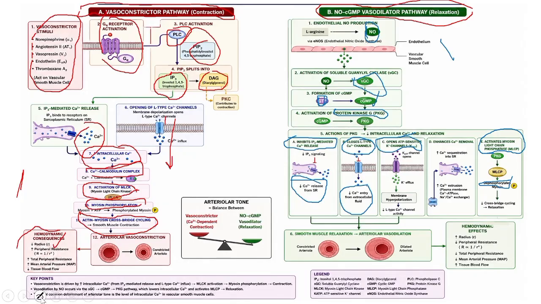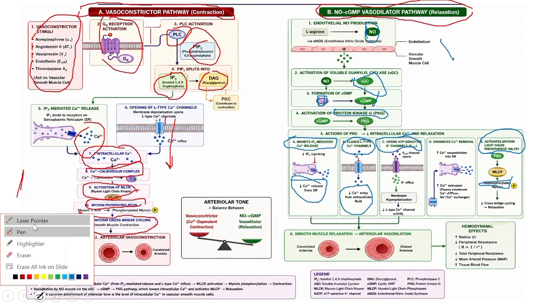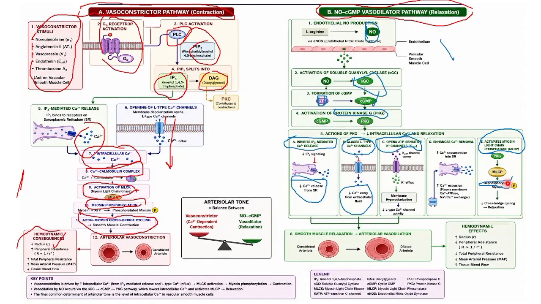Now here you have to note we've got myosin light chain phosphatase. It dephosphorylates myosin, unlike the myosin light chain kinase, which phosphorylates the myosin. So you have got two differences here. When there's the dephosphorylation of myosin, this acts as a relaxation switch.